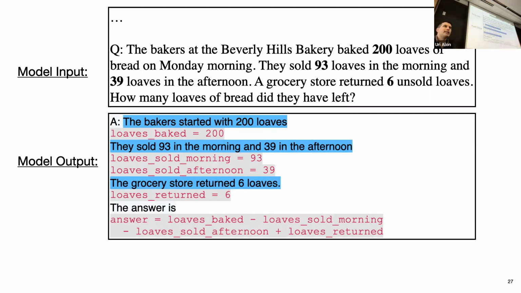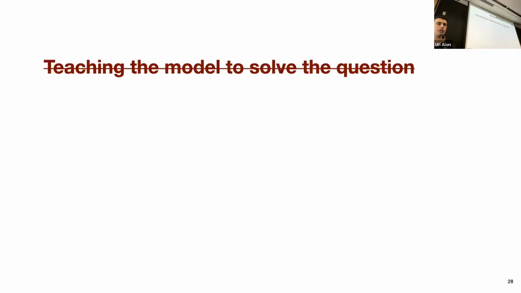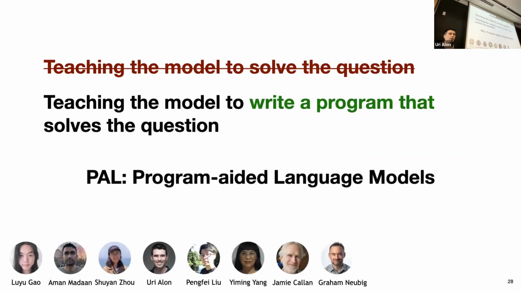And instead of expecting the model to generate the final answer, we just take this code and feed it into a Python interpreter, and we get the final answer of 74 from the Python interpreter, not from the model. So in other words, instead of teaching the model to solve the question, we are teaching the model to write a program that solves the question when it is fed into the Python interpreter. And we call this PAL, for program-aided language models.